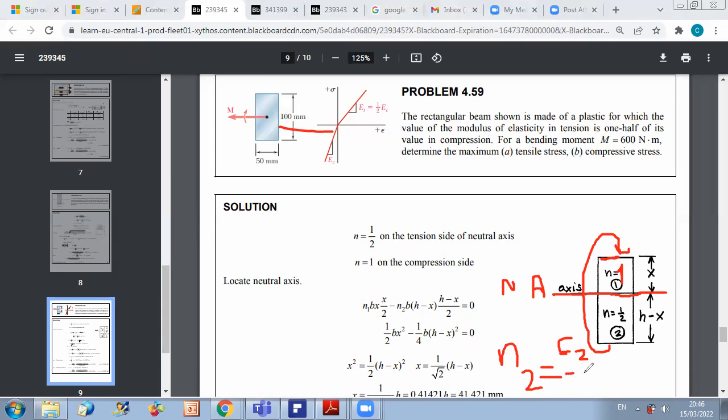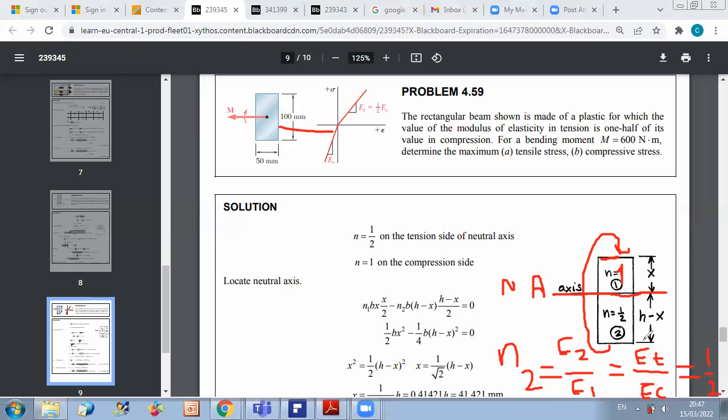Now, since part 2 is subjected to tension, because we have a positive bending moment, then E2 is E of tension, and E1 is E of compression. And according to the given, the modulus of elasticity in tension is half the modulus of elasticity in compression. So the ratio here is 1/2.